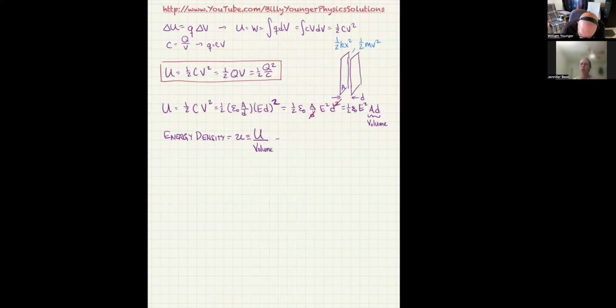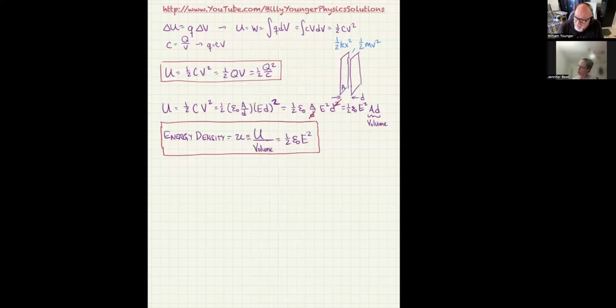In this case, we know the volume was A times D. So if we divide out A times D from that expression, we'd get 1/2 epsilon 0 E squared, and that turns out to be the right answer. That is exactly the energy stored in the electric field. So that's another important result that I wanted you to get, and it's really nice because we can do it with a parallel plate capacitor, get the result, and have that result turn out to be exactly the right one.